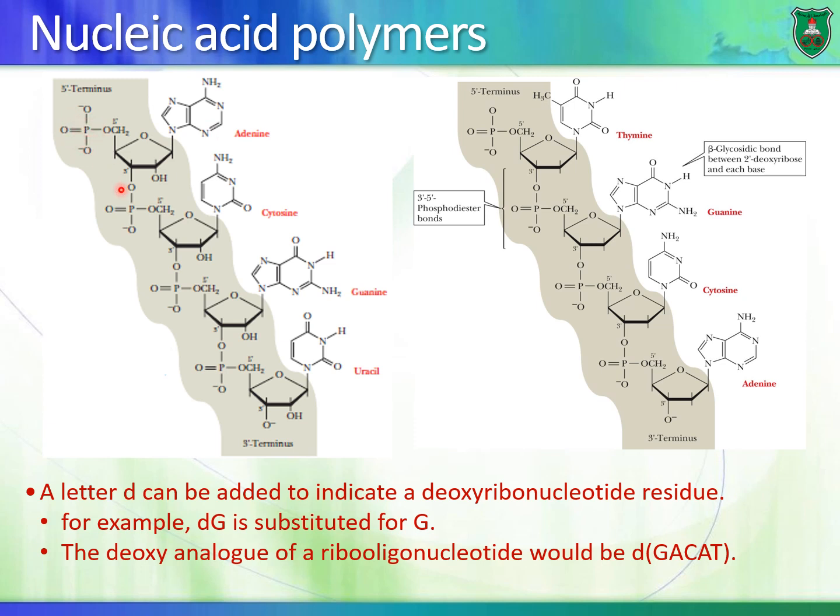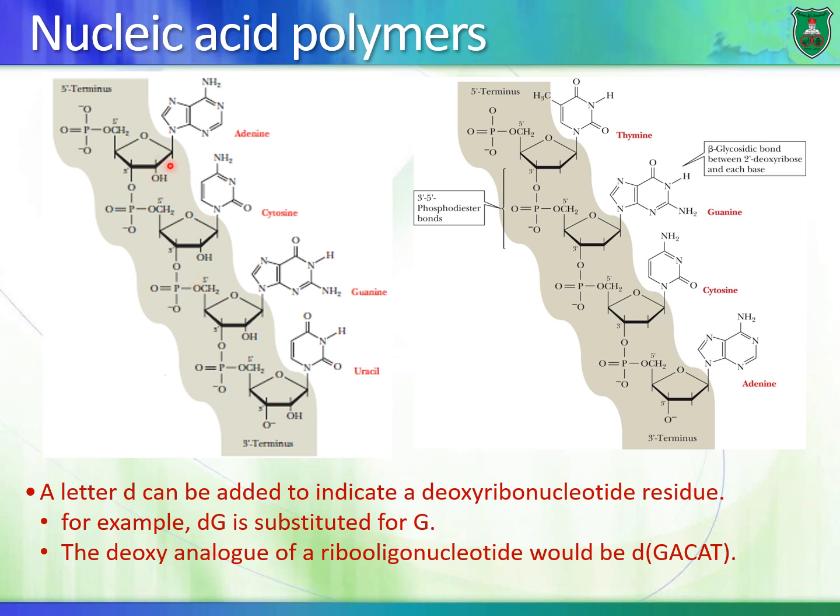Okay? Now, this is the phosphodiester bond that links this nucleotide to the next nucleotide. This is the third one. This is the fourth one. So that's a polymer. Now, does this polymer exist in DNA or RNA? It exists in RNA. Why?